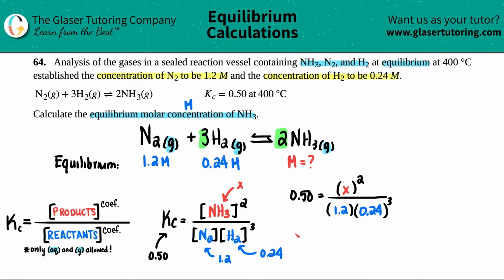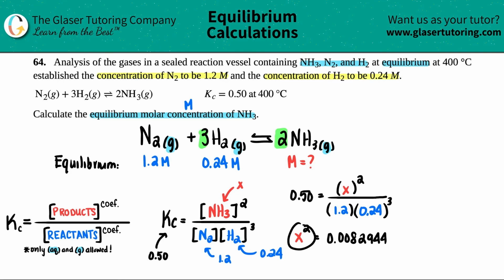So we're going to be left with x squared equals, let's figure that out. 0.24 cubed times 1.2, and then times 0.5 because we're cross multiplying. So I get 0.008294.